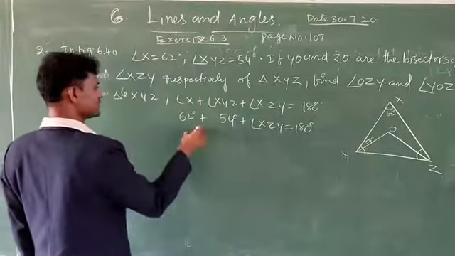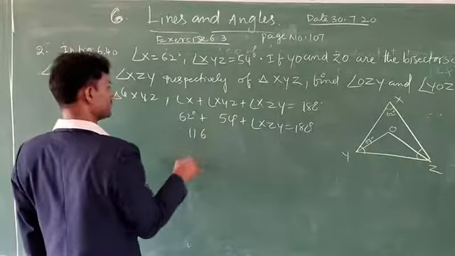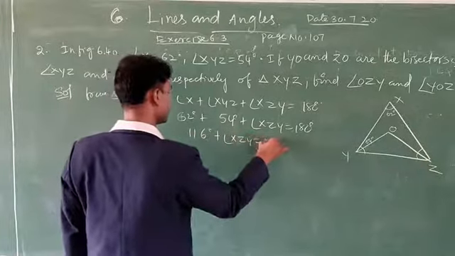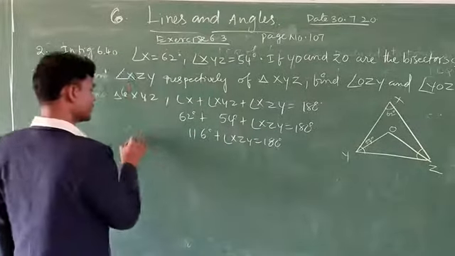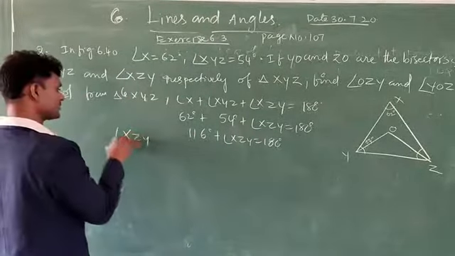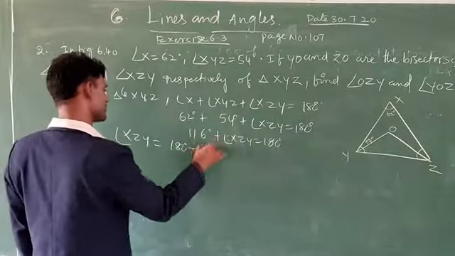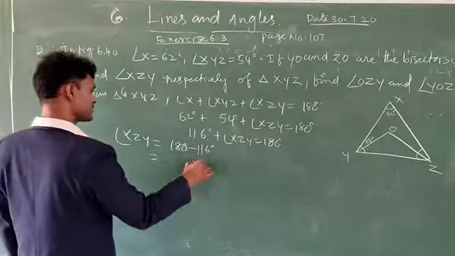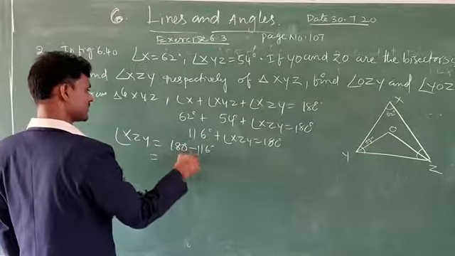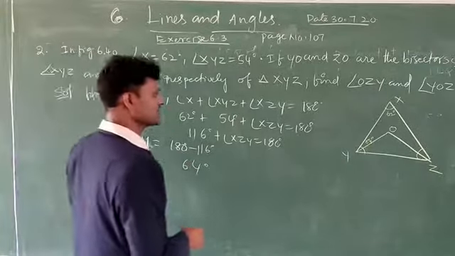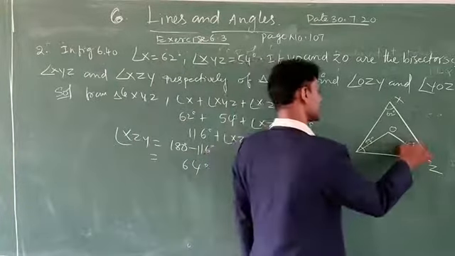Now 62 plus 54 is 116 degrees, plus angle XZY is equal to 180 degrees. Now angle XZY is equal to how many degrees? 180 minus 116, sending the 116 to that side. This is 64 degrees. Angle XZY is equal to 64 degrees.